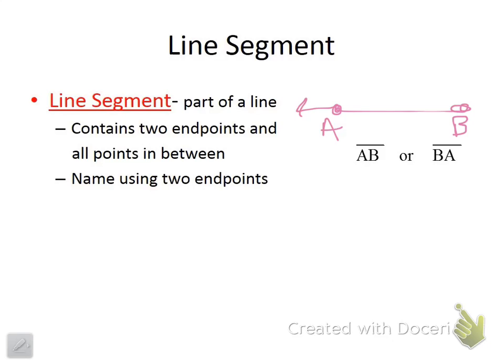Notice there are no arrows on the ends here, because this is something that ends. A line segment is something that ends. It is not a line that's continuous, it's a line segment. It's a piece of a line. So you can label it AB or BA. Just make sure they don't have the arrows on the 2 ends. So, again, it looks like this.